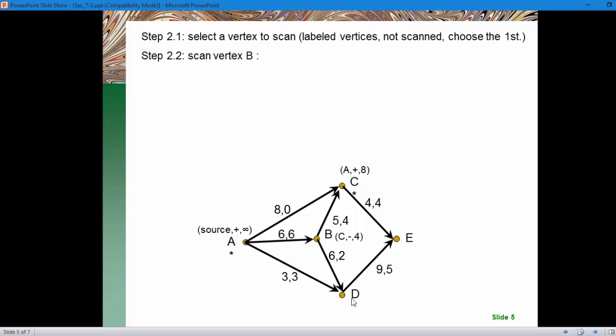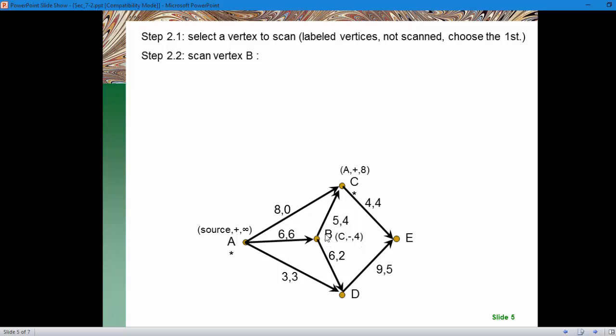So at D, we look at the edge, and currently there are 2 units of flow, and there is room up to 4 units. So we can move up to 4 units from B to D. And that's the maximum we can move, because this number here is telling us that from C, the predecessor to B, we can increase 4 units of flow.